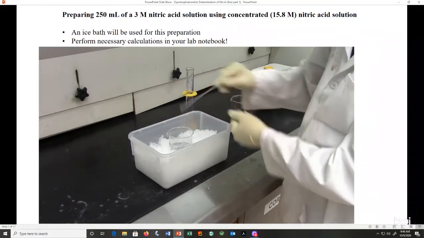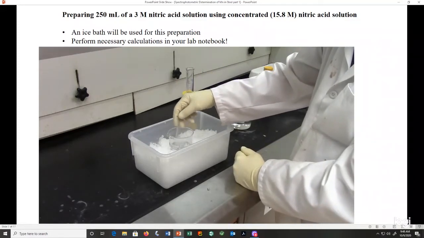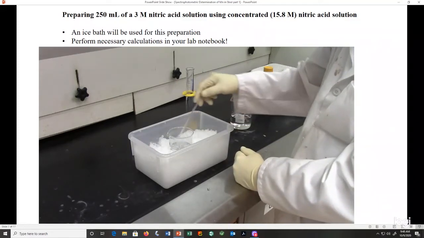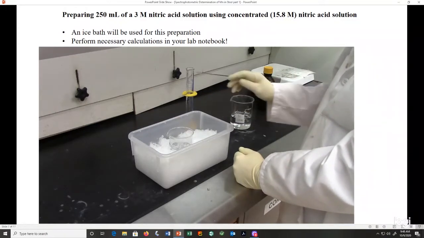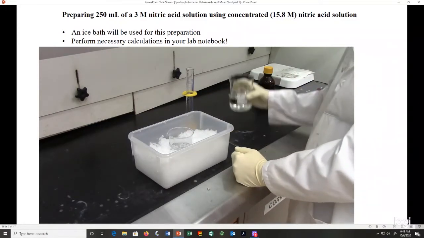Okay, so now that we've added all of our concentrated nitric acid, we're going to bring the level up to 250 milliliters with our DI water.